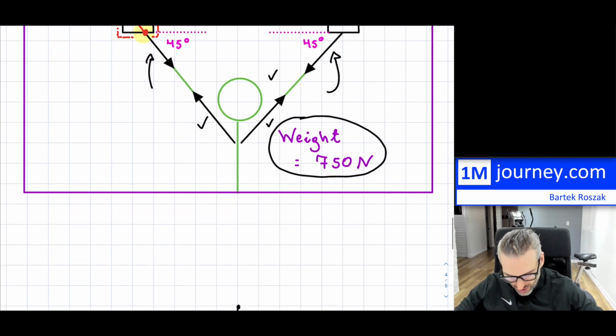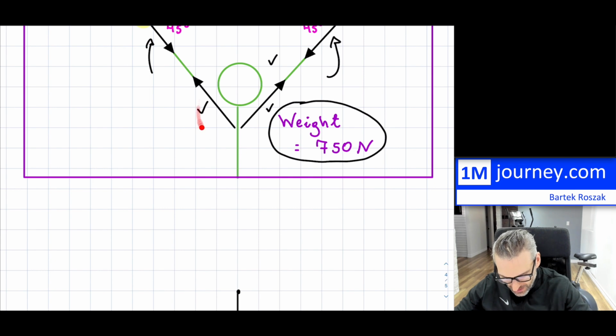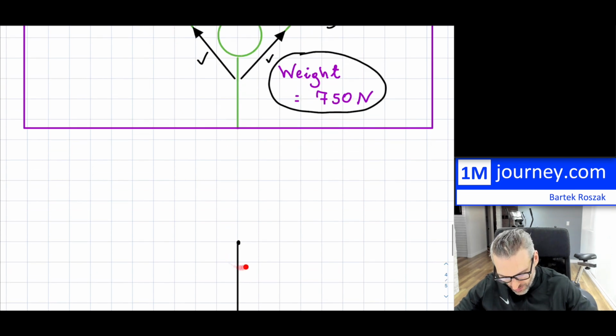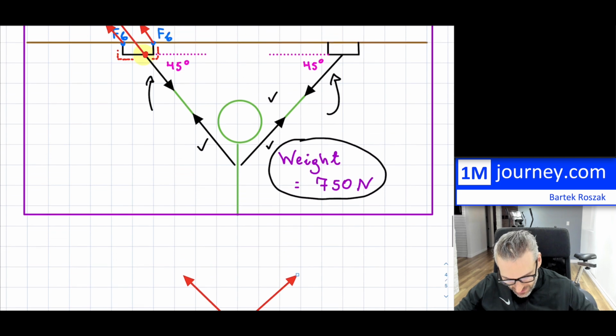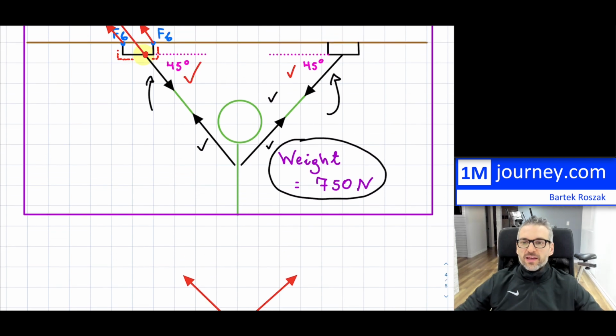So I'm going to start from this point over here. I have a force that we have to support of this particular person. Now it is being spread over, so notice this is at 45 degrees, so this is going to be one of them, and then here is the other one at 45, and the 45 is coming because that's the angle it's telling me, so this person is hanging at that particular 45 degree angle.